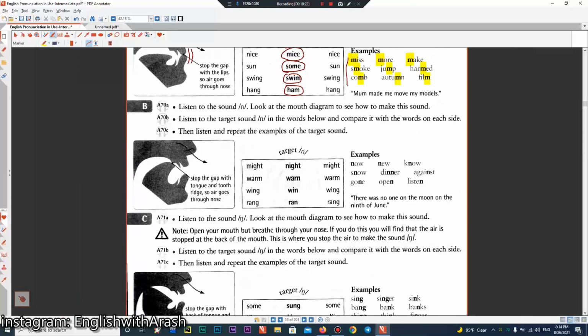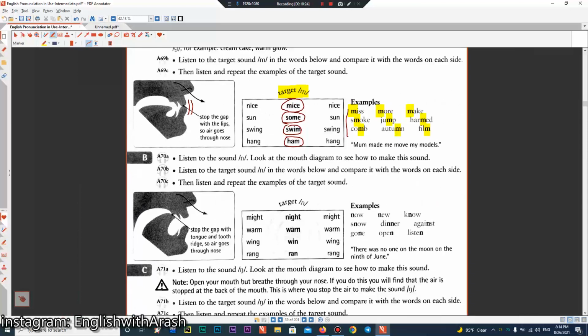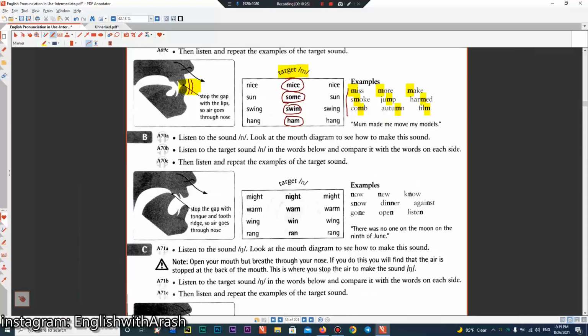Your lips are not closed. Remember, when you were pronouncing me, your lips were totally closed. But now there is some area here. But again, the air is going out of your nose. How does it happen? Well, you block the air here. Air is blocked here. Your tongue goes up.